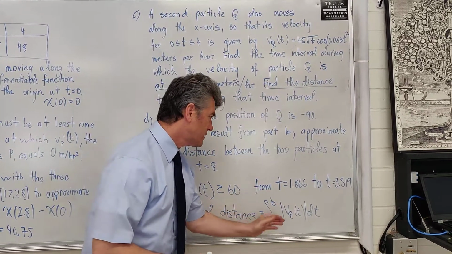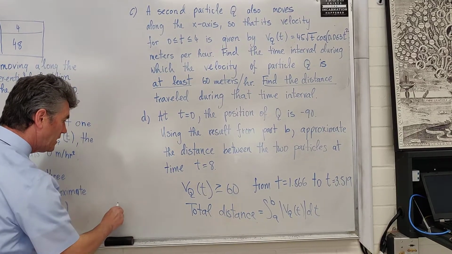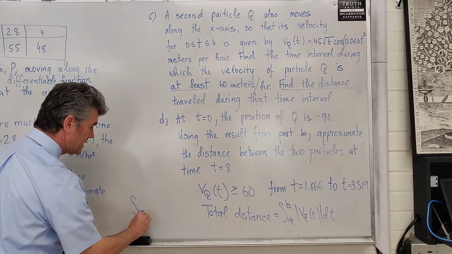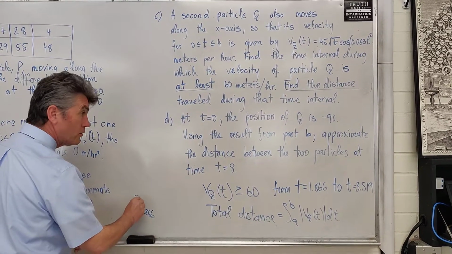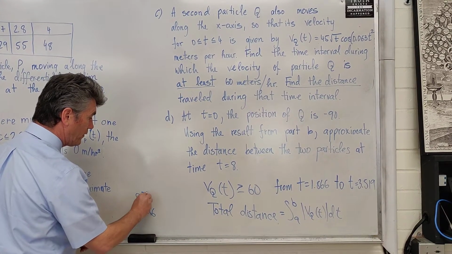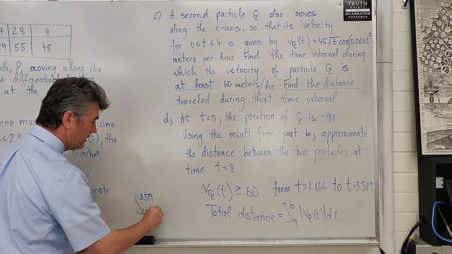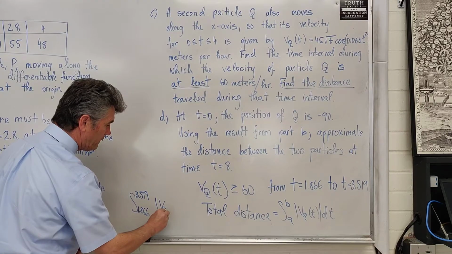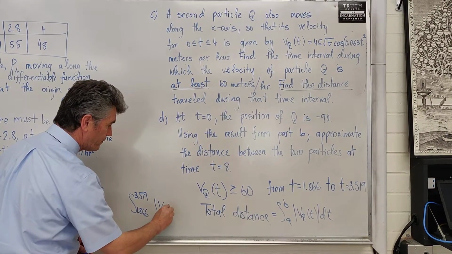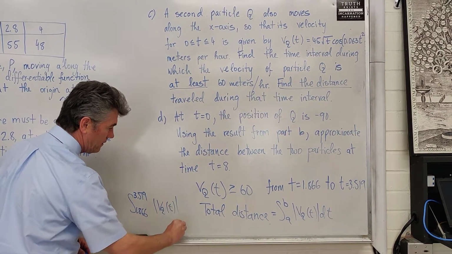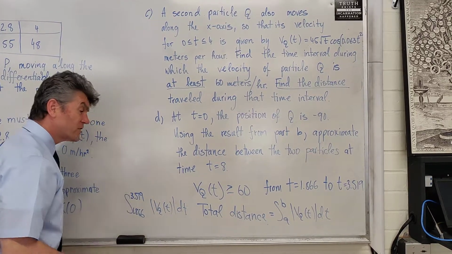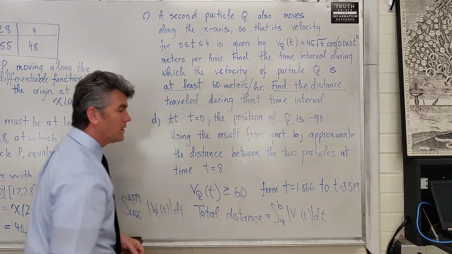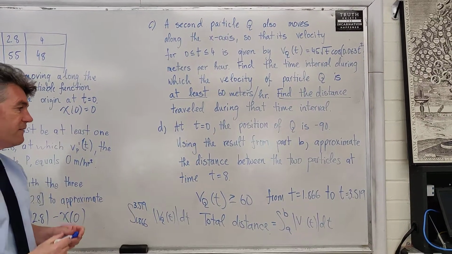So in our case, this would be the integral from 1.866 to 3.519 of the absolute value of V sub Q of T dt. Now you will see that I will remove the absolute value. It doesn't have to be V sub Q, it can be any velocity.